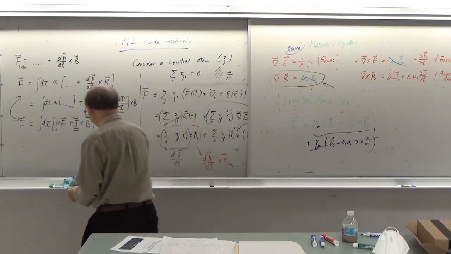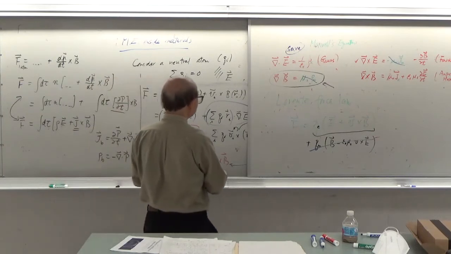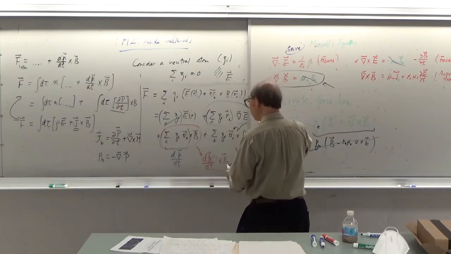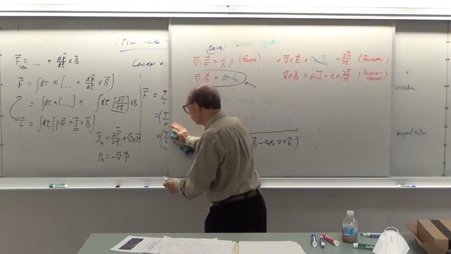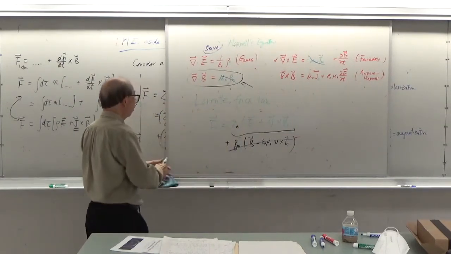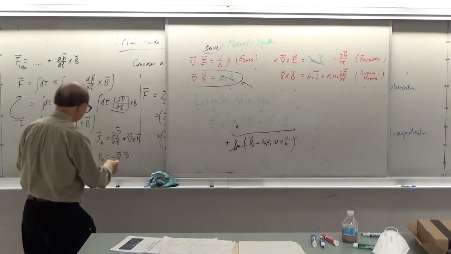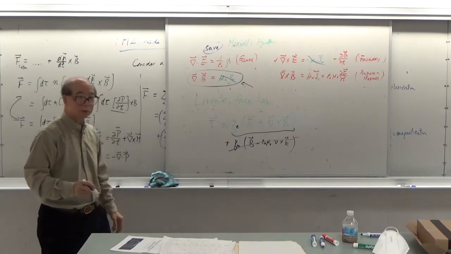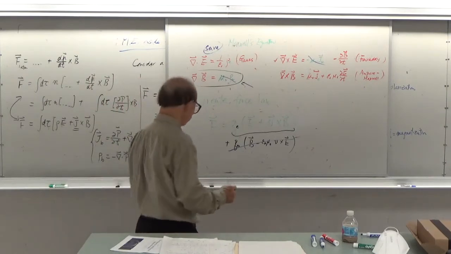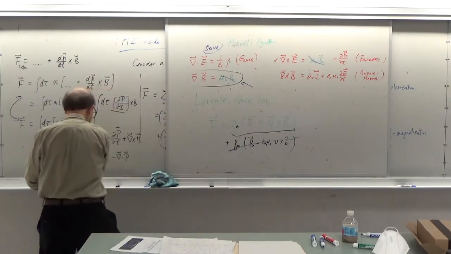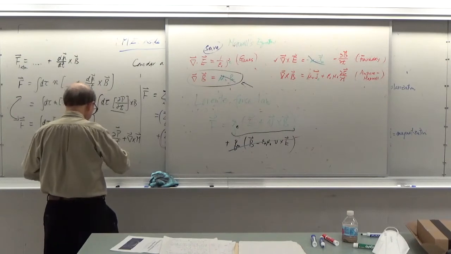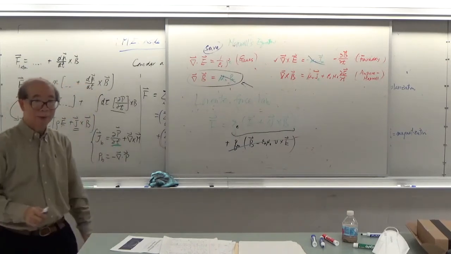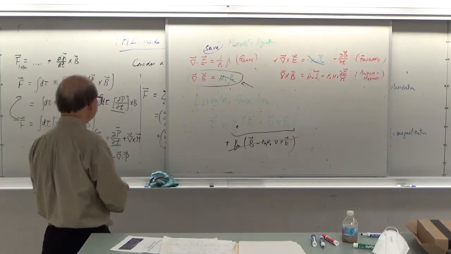All right. With that, all the tedious calculations will just give us these two expressions for the bound currents and bound charges. And then all the new result is, in fact, this term. All right.